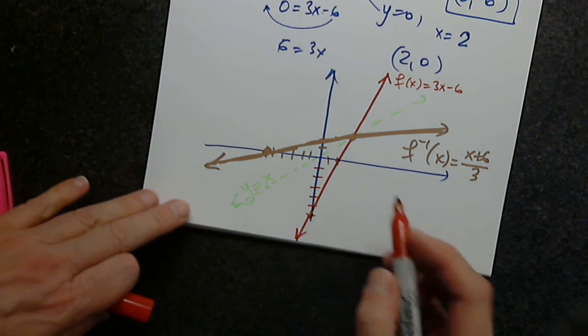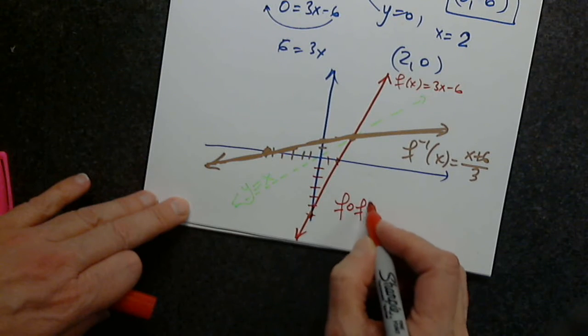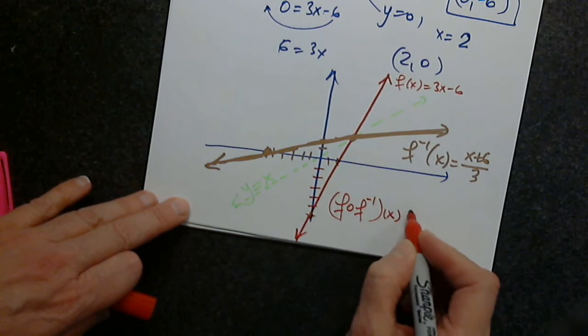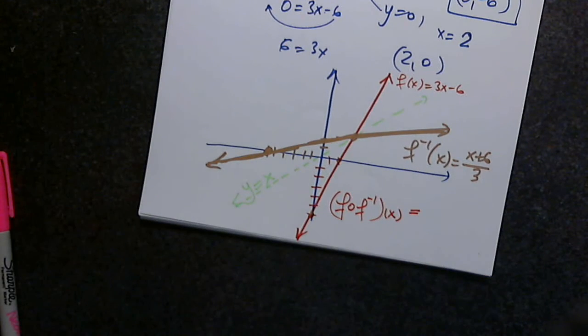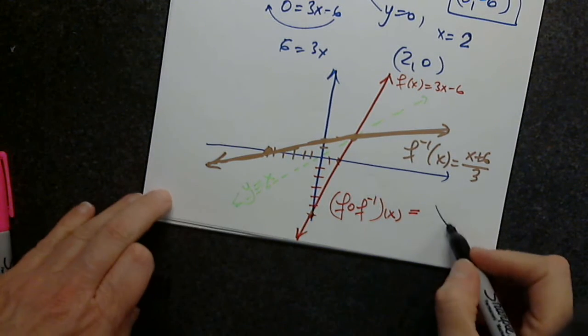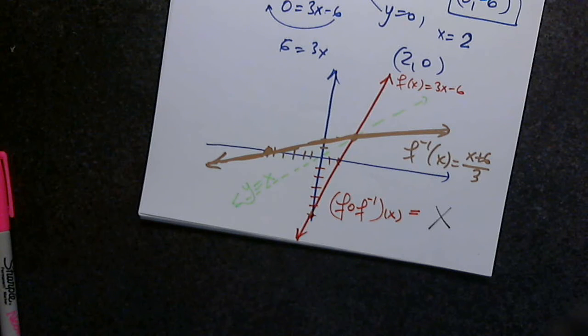And for these two functions, what do you think f composed with f inverse will equal? Why would the function composition in either direction equal x?